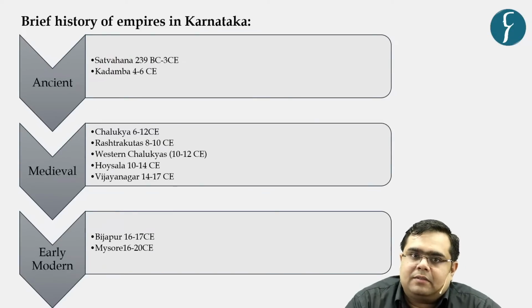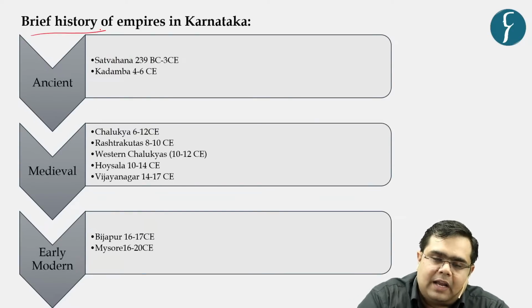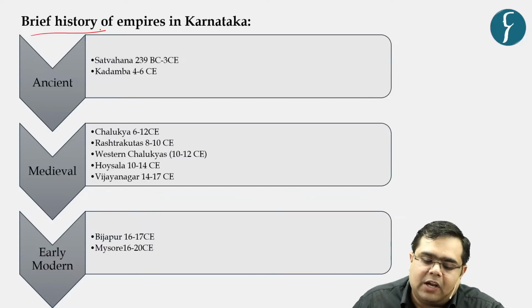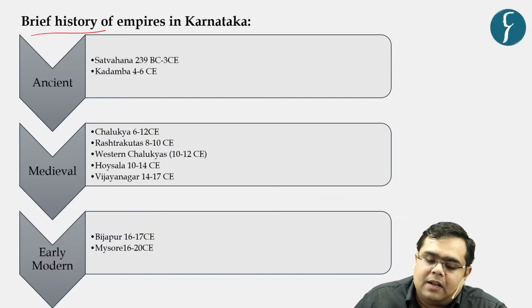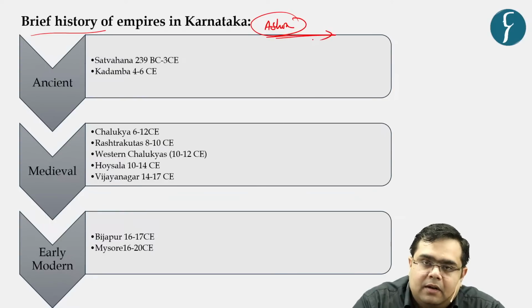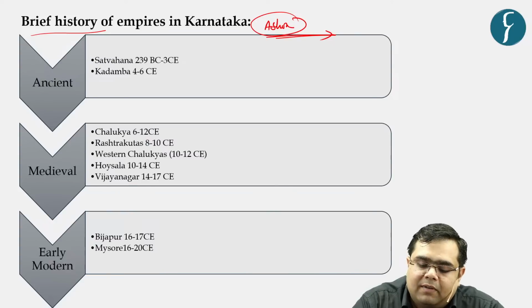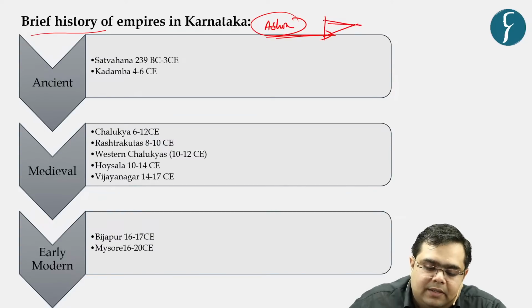So let us also take the opportunity to have a check over the brief history of empires in Karnataka, right? So after the fall of Ashoka and the Mauryan Empire, till the time of Ashoka and the Mauryan Empire, the area of present Karnataka was ruled by Ashoka and his descendants.